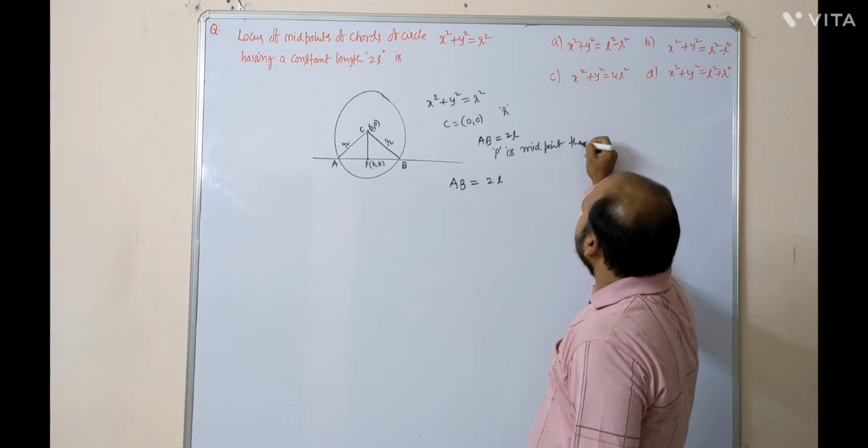So AB can be written as AP plus PB, and since these two are equal, AP plus AP. So AB is equal to 2 times AP. So 2l is equal to 2AP, so l is equal to AP.